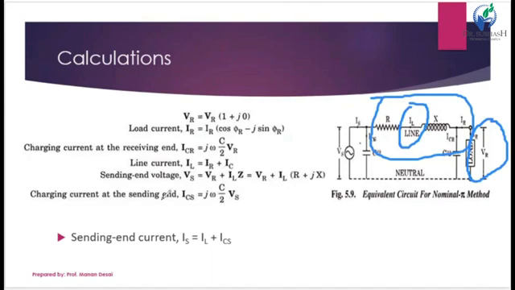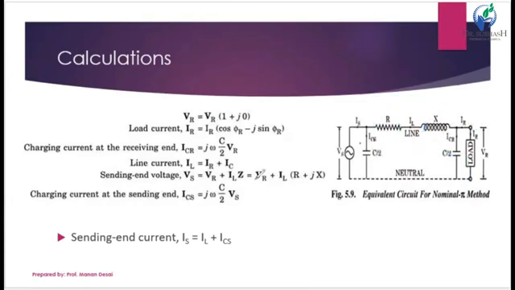Now the charging current at the sending end, ICS, is equal to j omega C by 2 VS, and the sending end current IS is equal to IL plus ICS. So finally we got IS is equal to IL plus ICS.